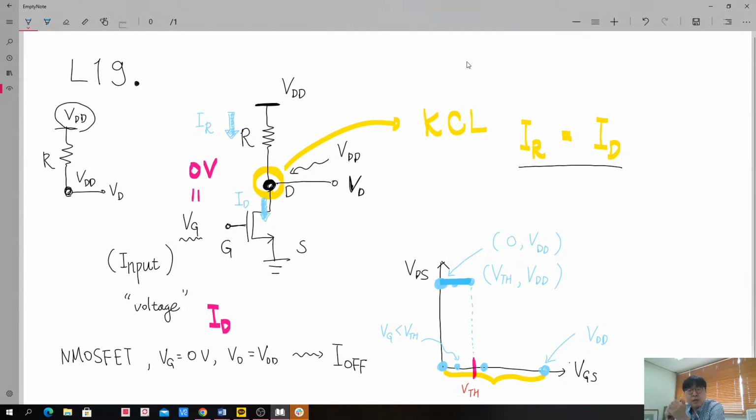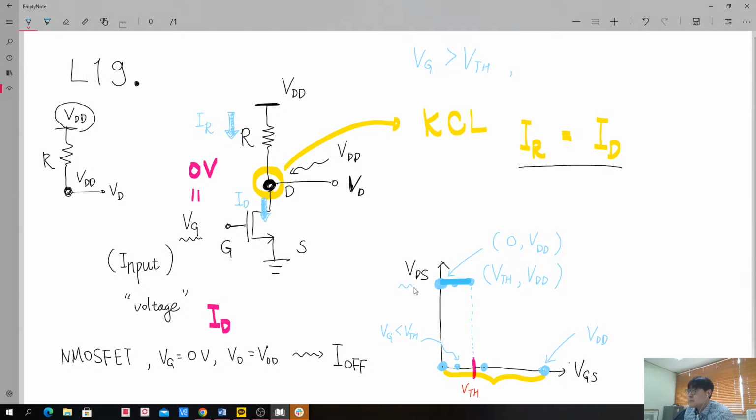What will be your guess? Since gate voltage is slightly higher than threshold voltage, then at least our transistor is now turned on. But is it in the saturation, or is it in the triode?